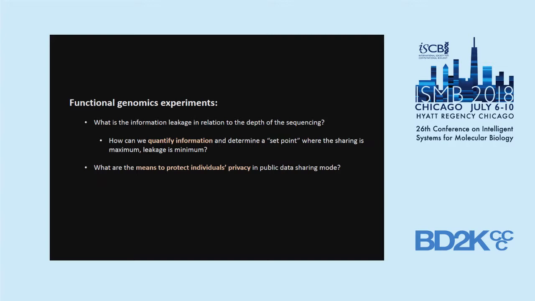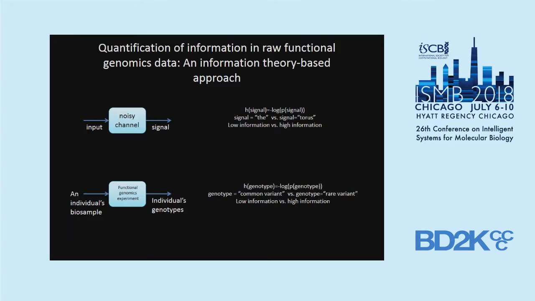So the question becomes: these low coverage, low depth experiments, how much identifying variation do they leak? Can we actually quantify it? And if there is leakage from this data, can we find ways to protect individuals' privacy while publicly sharing these data files? So we took an information theory-based approach.